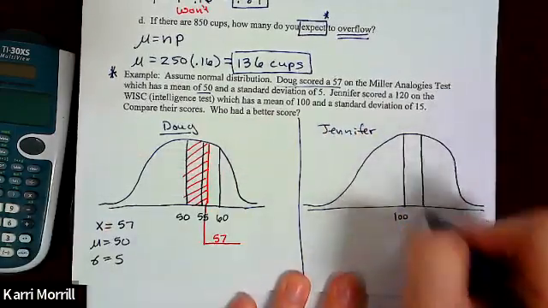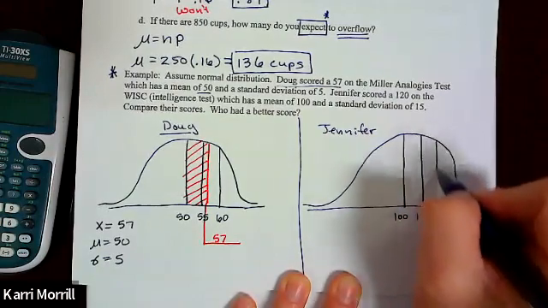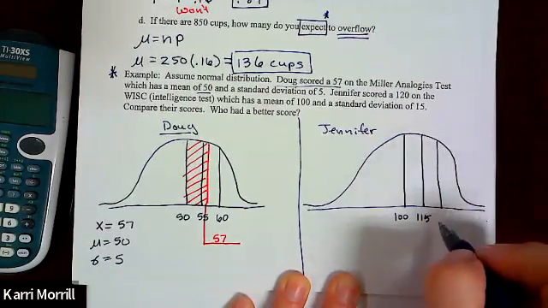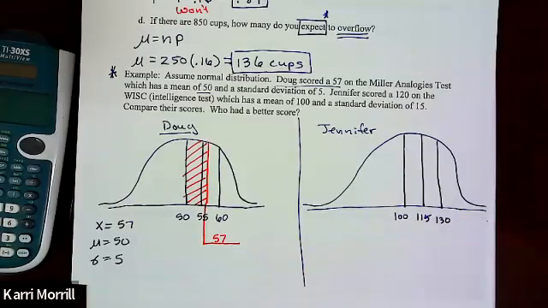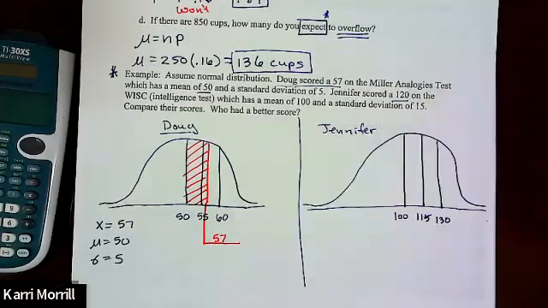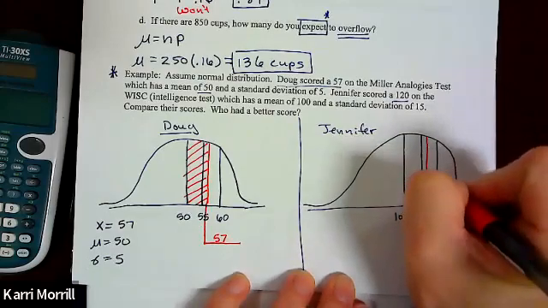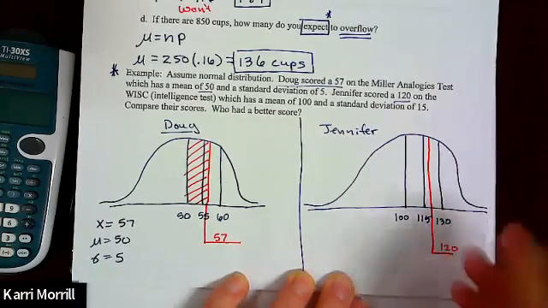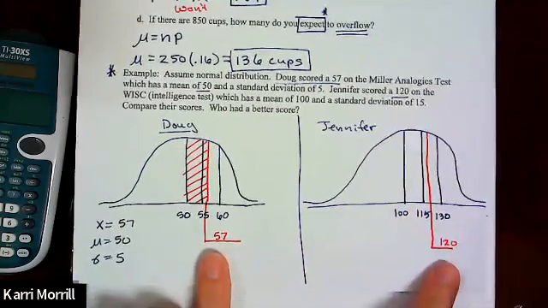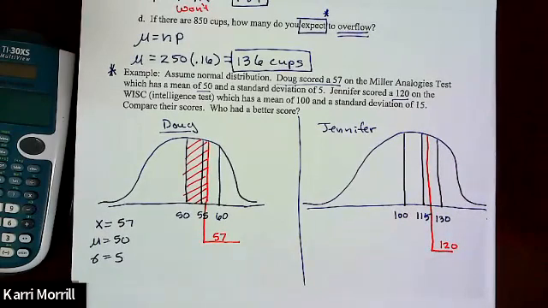So one standard deviation of 115, and then we do another standard deviation of 130, and we could go on to 3 standard deviations, but it said she had a score of 120. So again, that's not exactly on one of those 1 standard deviation or 2 standard deviation lines. It's kind of right here. And if you're looking at kind of the pictures, it looks like they really scored almost identically, right? And actually, it's not exactly identically.